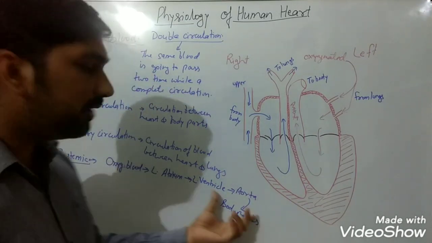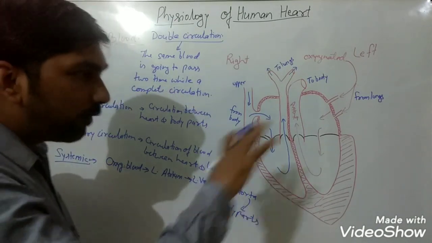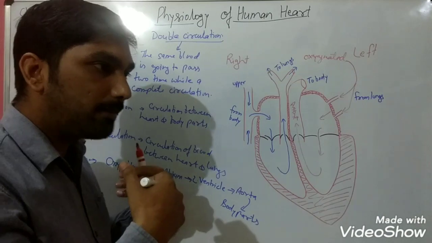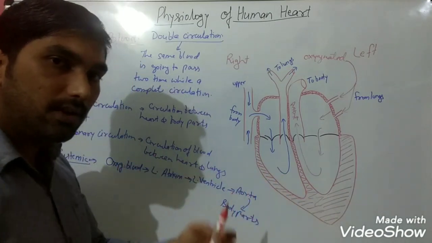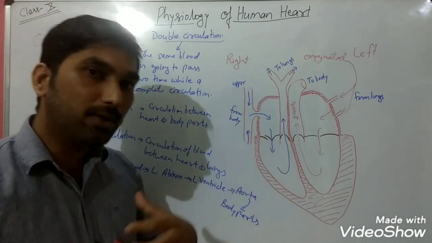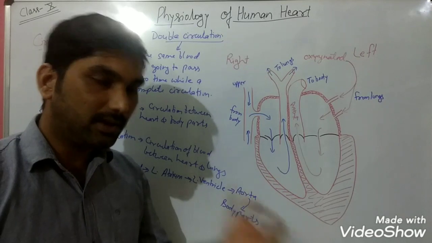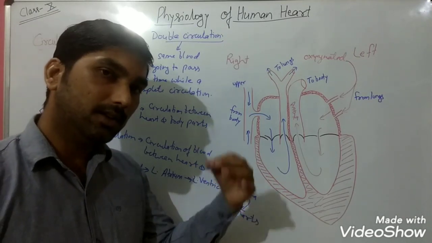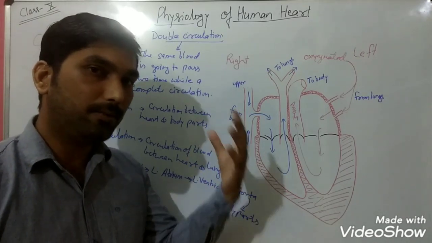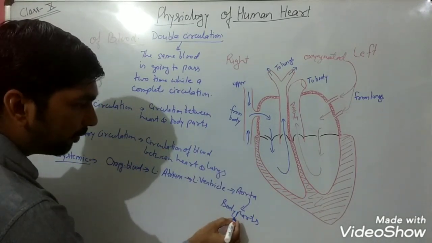So the exchange of gases takes place in the body parts, and then the capillaries provide the blood to the smallest, thinnest blood vessels that carry deoxygenated blood. That is, venules. Then venules transfer the same deoxygenated blood to veins, and finally the veins transfer the blood from the body parts.